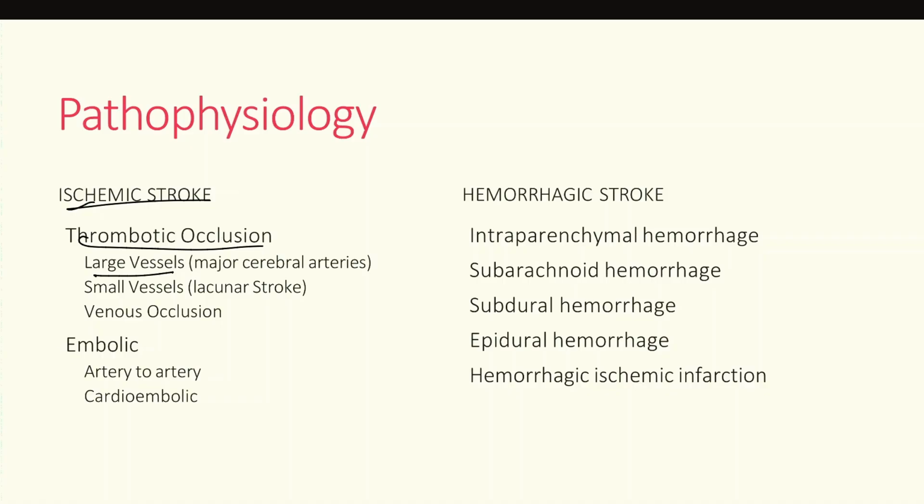The bigger the vessel, the bigger the problem. Small vessels, these are your lacunar strokes. And venous occlusion as well. Embolic strokes is artery to artery or cardioembolic. What's the main one for that one?